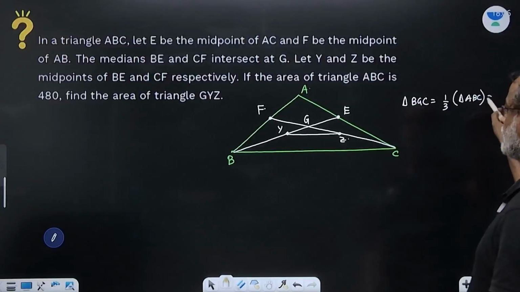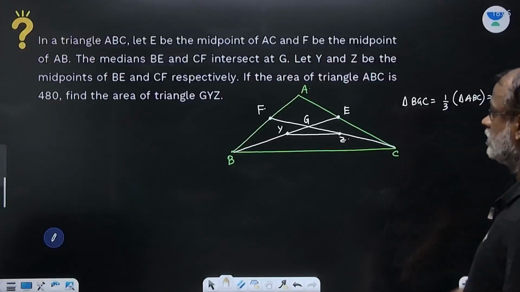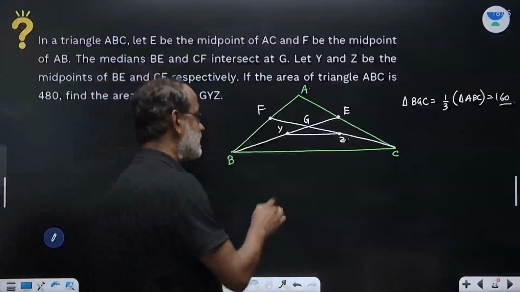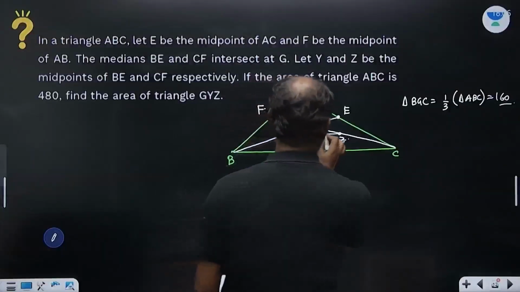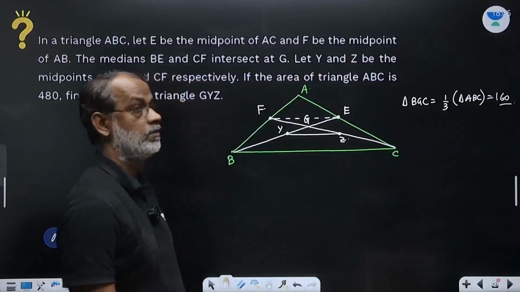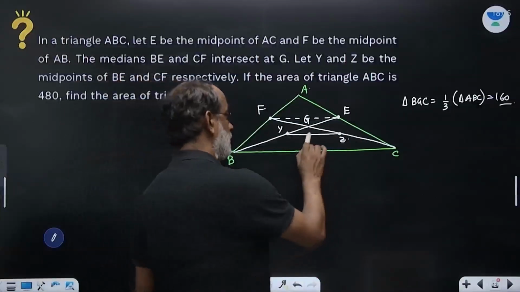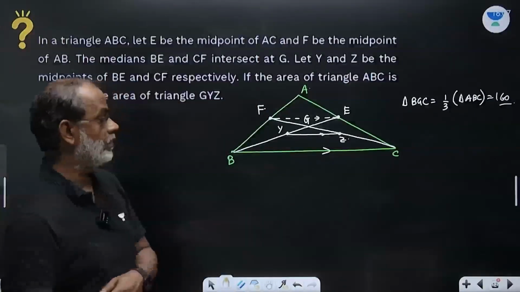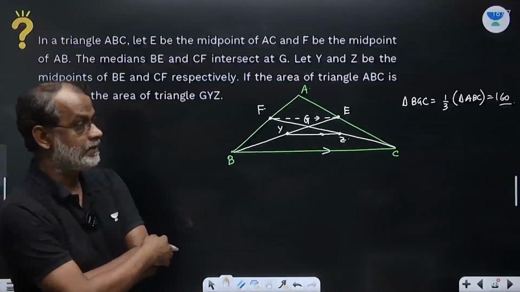So here it is 160, 1/3 of 480. I think we can very easily conceive of this notion, that they are all parallel. That much I think we don't need to prove, it is very explicit.